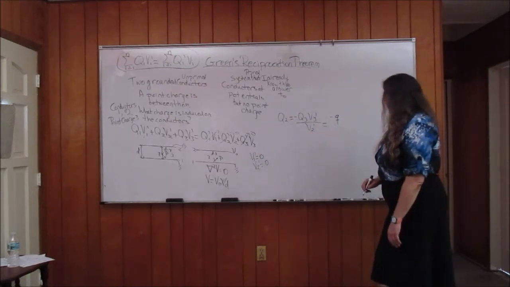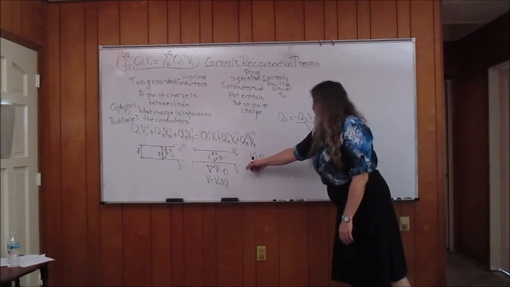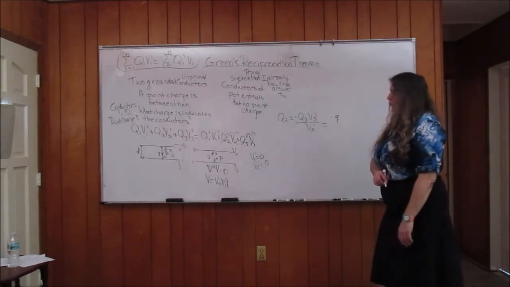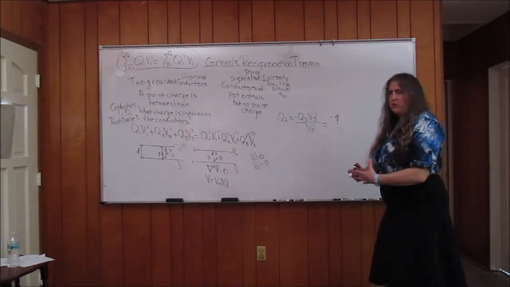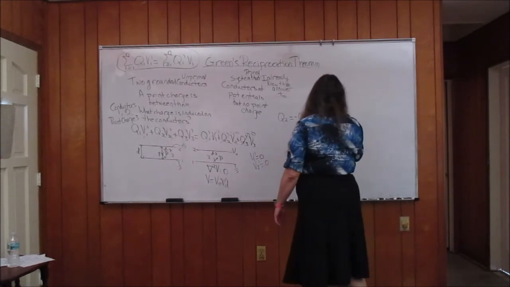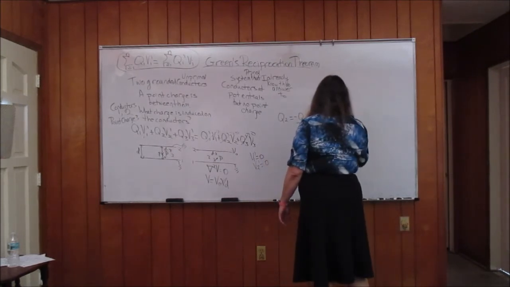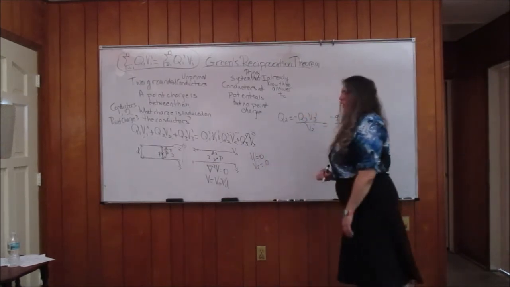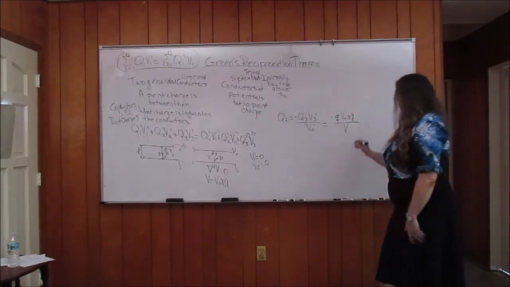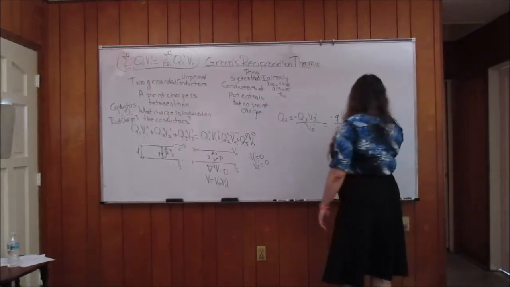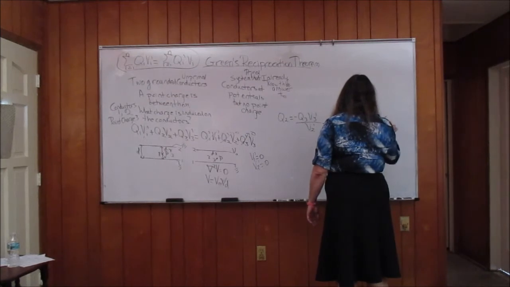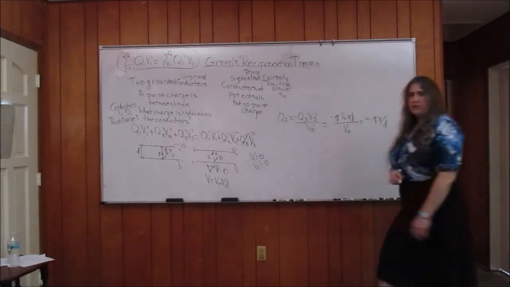V3 prime in this system is the potential at that position of the point charge, so that's just equal to V naught x over d, divided by the potential at the upper plate, which is just V naught, and I find that the charge that's induced is equal to minus q times x over d.